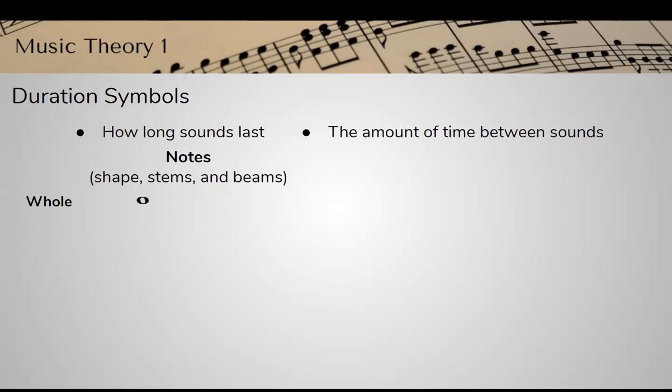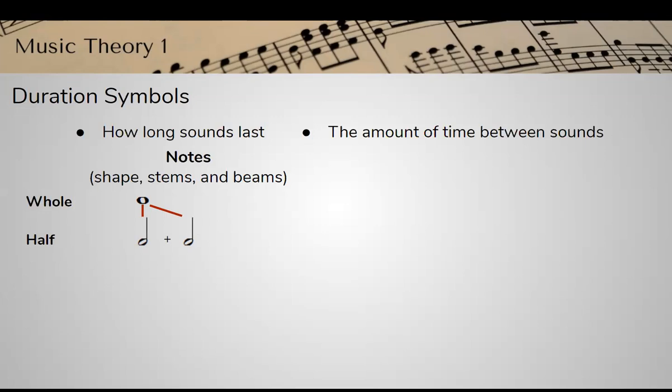But that whole note is the basis for all the other rhythm symbols underneath it. If you have one thing that defines how long a whole note is, then you can define what the different proportions of that whole note are. If you're given the length of a whole note, you can divide it into half, and we call those half notes, and now you know how long half notes are relative to the whole note.